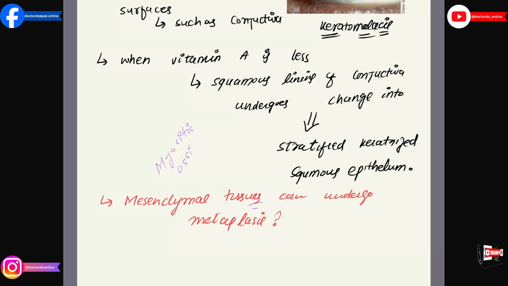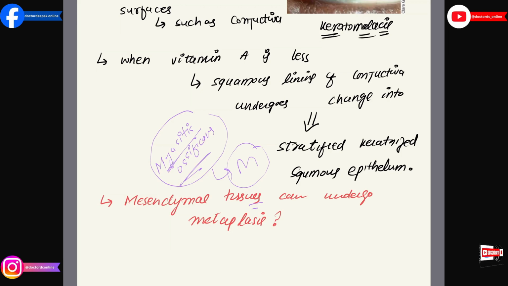First of all, keep in mind myositis ossificans is an example of metaplasia. What happens in myositis ossificans? A person gets trauma, and after the trauma, connective tissue within the muscle is changed into bone. It means when bone is formed in the muscle, it is called myositis ossificans. Normally, in the muscle, you get muscular tissue. You will not get bone.